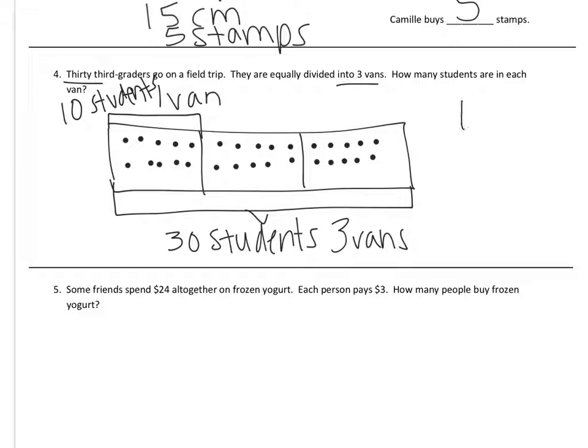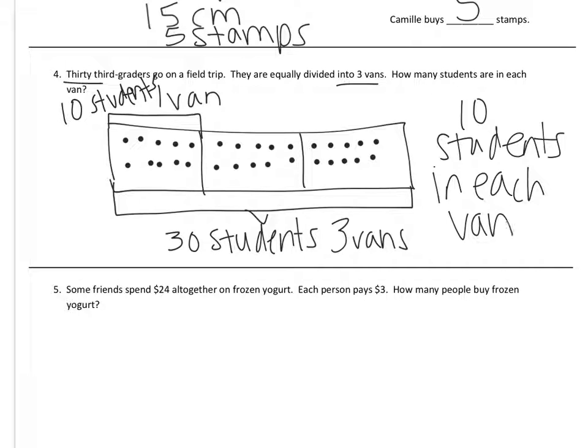Over here on the side, I'm going to rewrite my answer. 10 students in each van. And then I'm going to circle it. That way, whoever's looking at my work can easily find my answer.